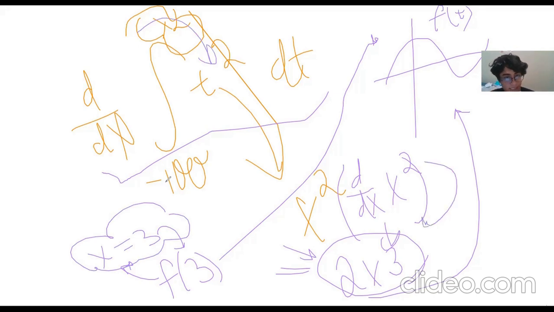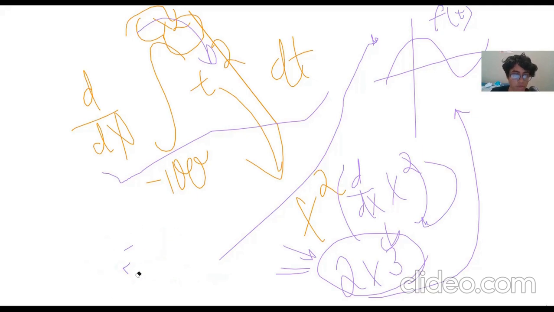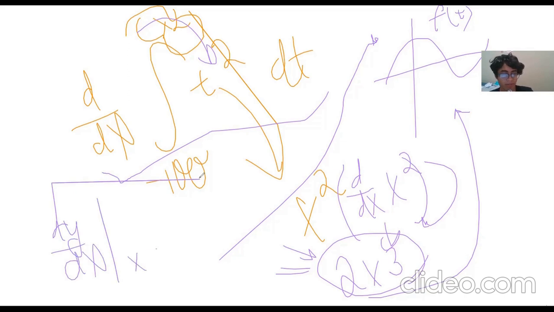But my point is that when you're applying FTC2, you don't want to plug in the x first, because that's like in Cal 1 where you're like, okay, I found the derivative first, what is dy dx evaluated at x equals 3?